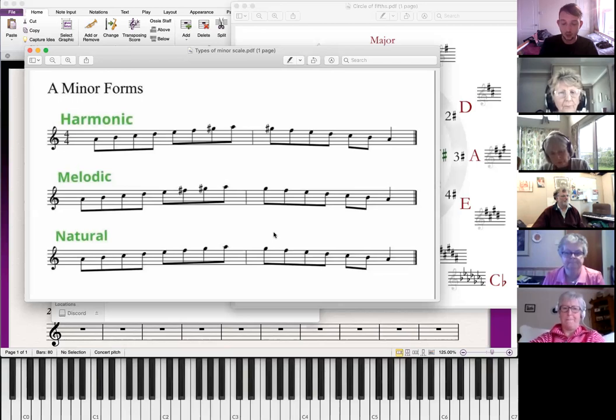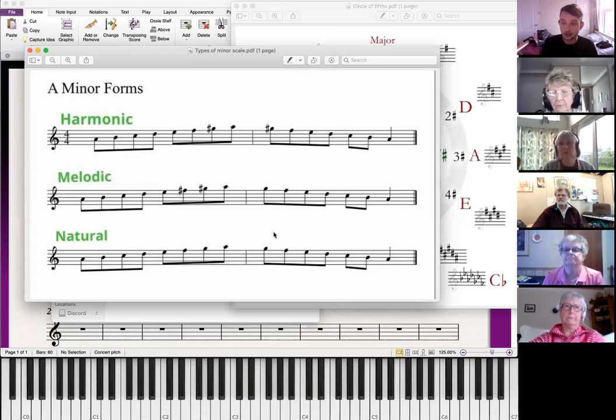Now, what I might just dive into very quickly to make you aware of it again is that both the major scale and the minor scale are two forms of what we call modes. I don't know if any of you are aware of modes.